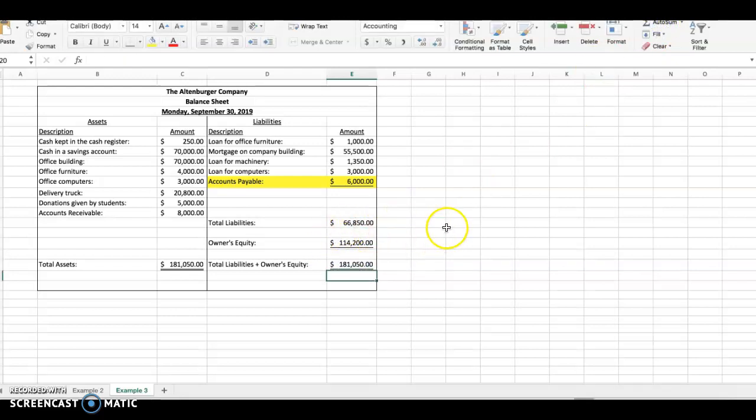Sorry about that. So it now has the formula that shows the addition of these two. So now our balance sheet does balance. So now we're back to where we should be.